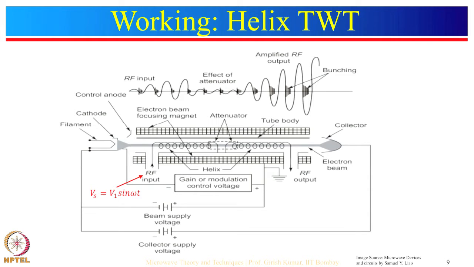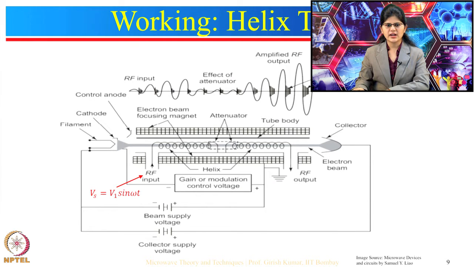The electron which enters the helix when the field is 0, its velocity will not be changed, and the electron which enters the helix when the field is accelerating field will be accelerated, and the electron which enters the helix when the field is retarding field will be decelerated and the velocity of that electron will be less.